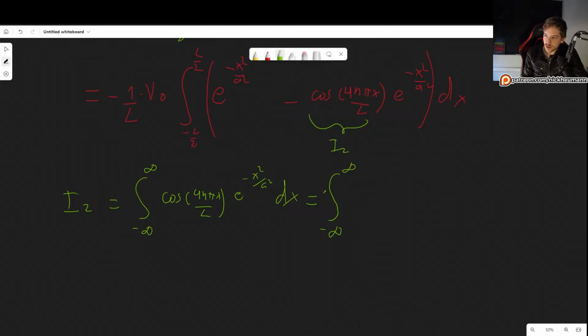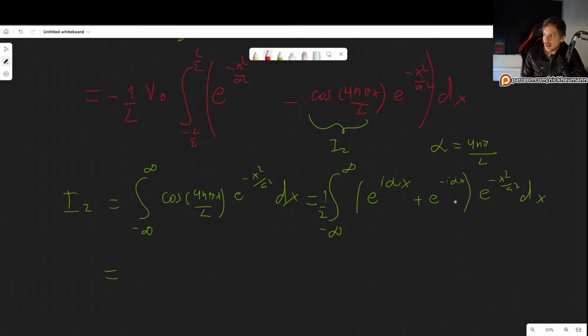So cosine is 1/2 of e to the i alpha x plus e to the minus i alpha x, right? I'm lazy, so alpha is simply 4n pi divided by L, and alpha should not include the x. And then we multiply by e to the minus x squared over a squared dx.